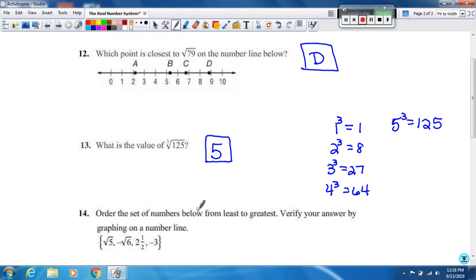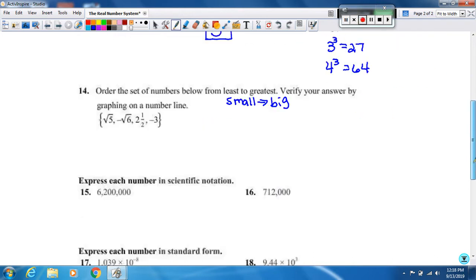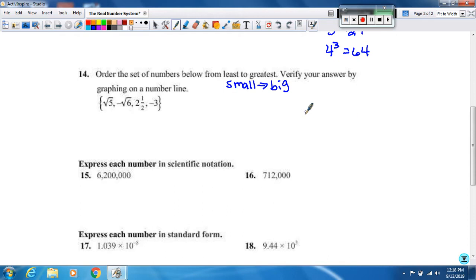Order the set of numbers below from least to greatest, small to big, and verify your answer by graphing on a number line. So I'm just going to order these and put them on a number line. Okay, so since this is a square root, I'm going to go ahead and just leave that number alone. Leave it as a 5.